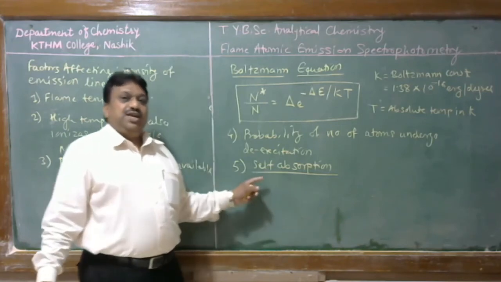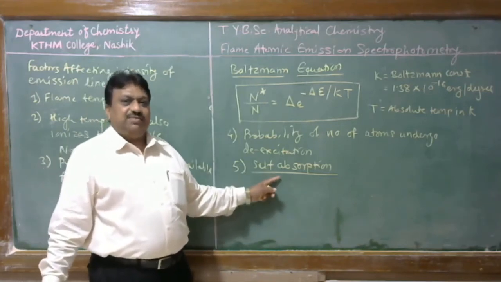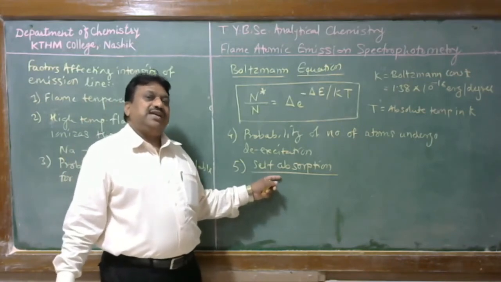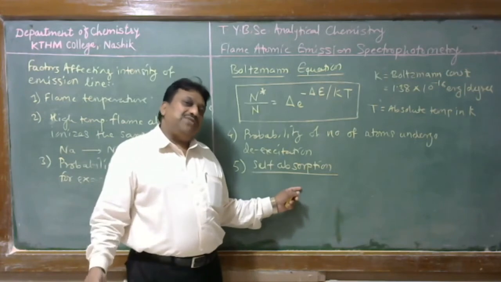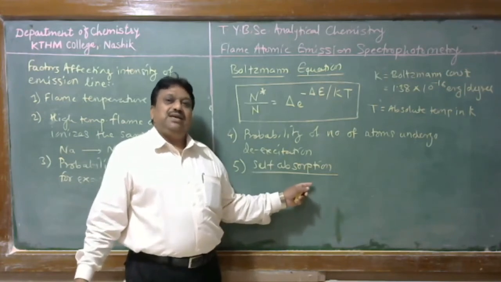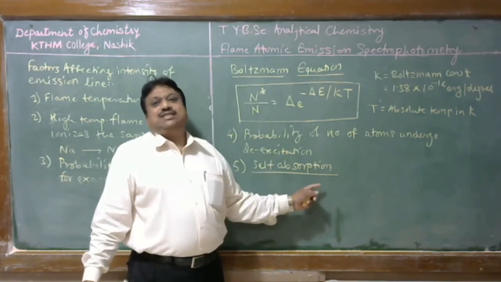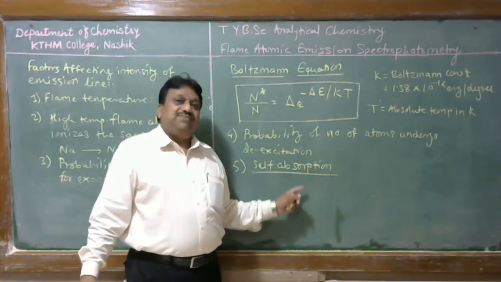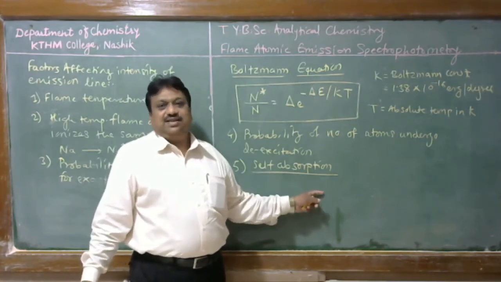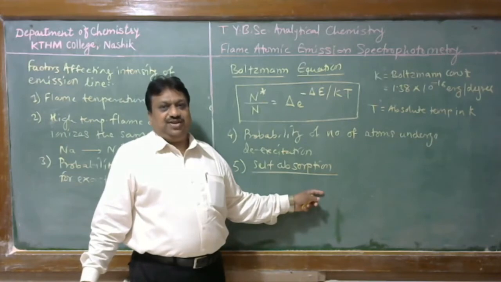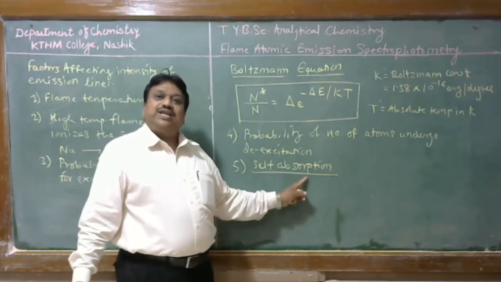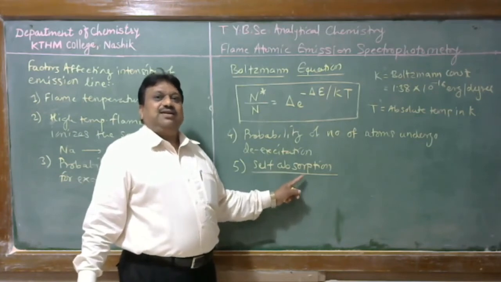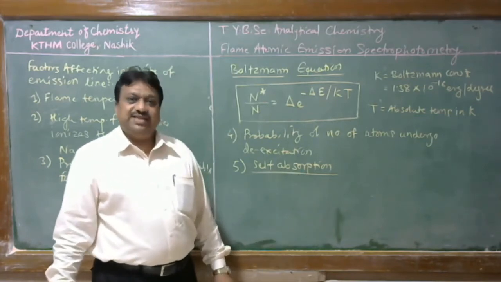That means the radiant power emitted by the excited atom is absorbed by similar atoms present in the flame. That is called self-absorption. Therefore, self-absorption directly decreases the intensity of the emission line, because the atom absorbs its own resonance line.